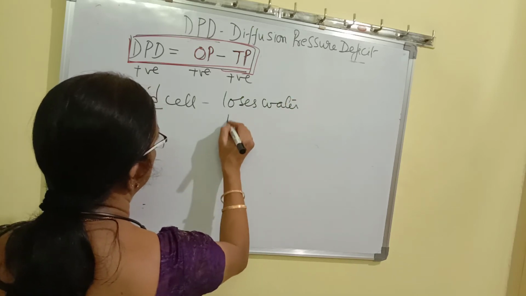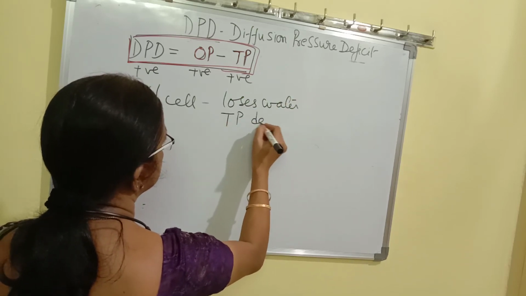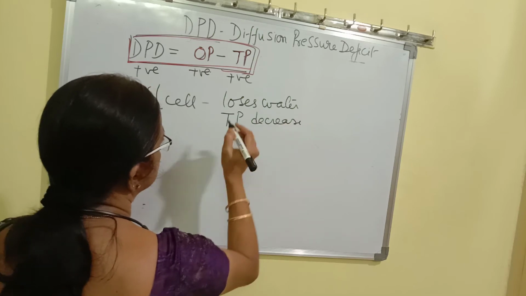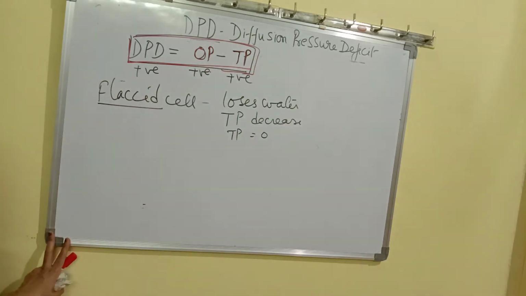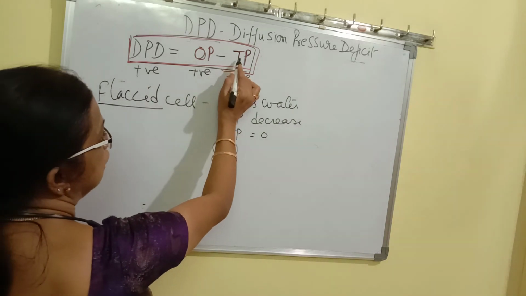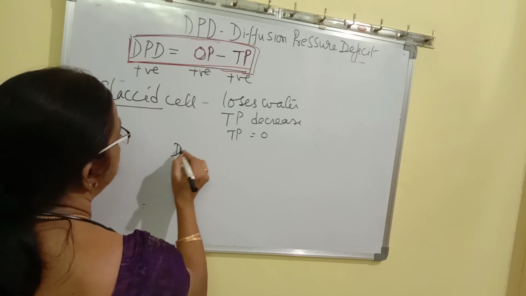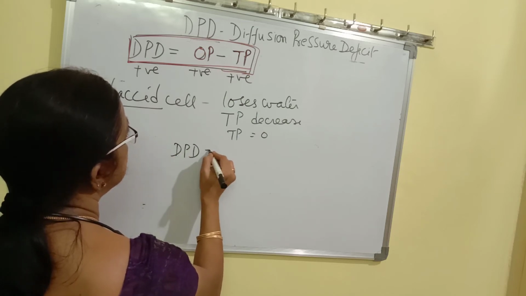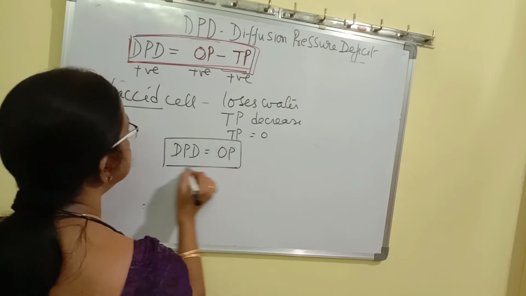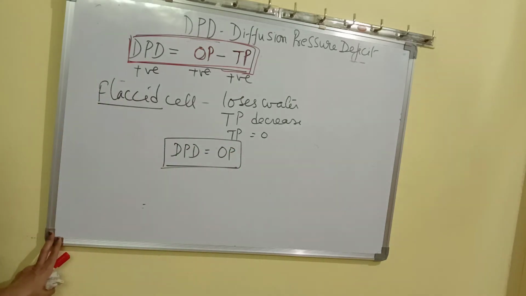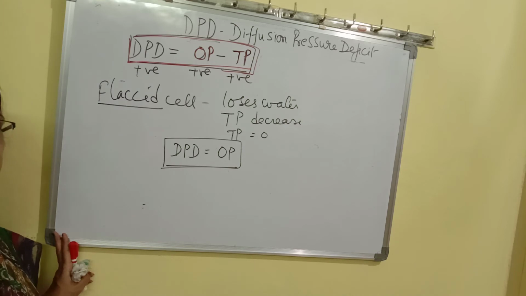So when it loses water, the turgor pressure will decrease, and at one stage the turgor pressure will become 0. So in this expression, when turgor pressure becomes 0, DPD is equal to OP. So if it is a flaccid cell, DPD will be equal to its osmotic pressure.